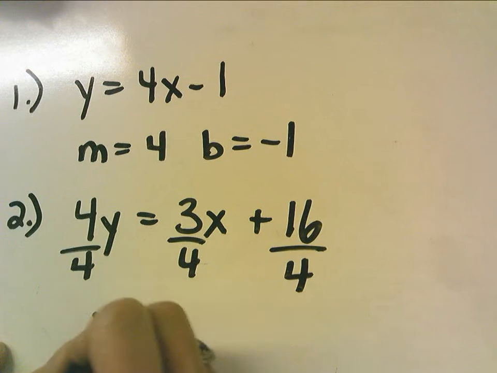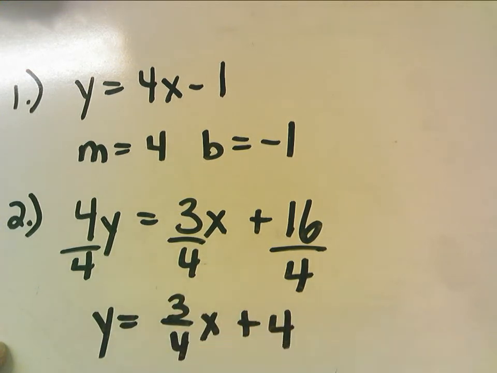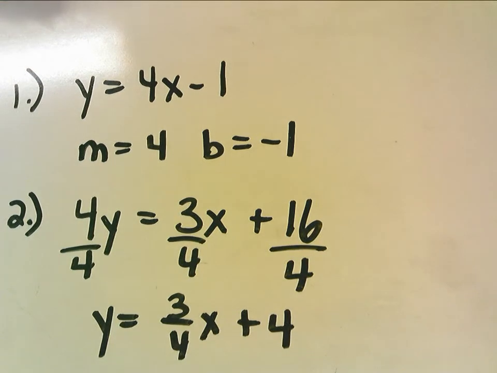So now I see y equals 3/4 x plus 4. Okay, so now the slope is 3/4, the y-intercept is 4. Okay, I want you to stop the video and try to do 3 and 4 on your own. When you're done, turn the video back on and watch me do it.